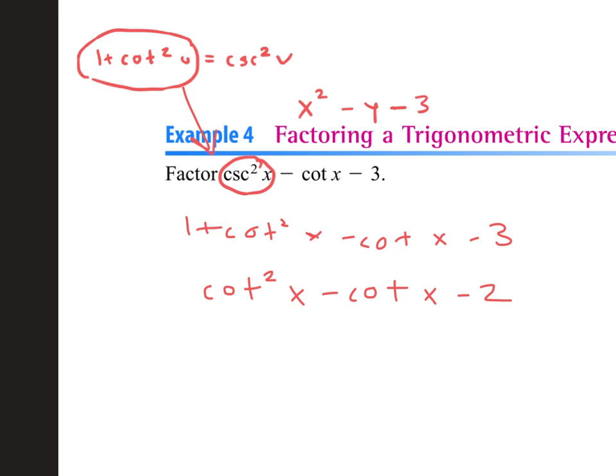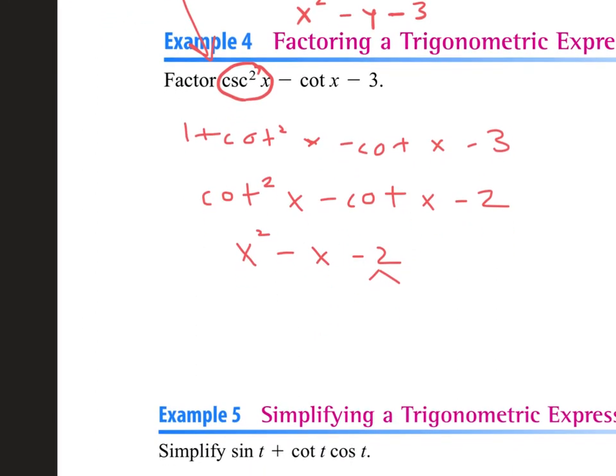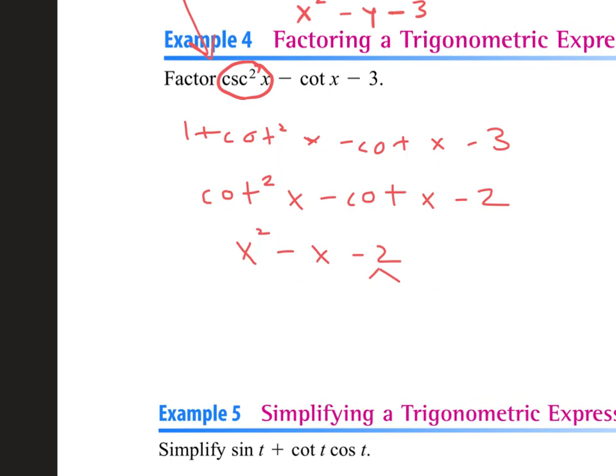We can say that cotangent is x, so we have x squared minus x minus 2. Do we have two factors of negative 2 that add to negative 1? What are they? 1 times negative 2. So this becomes x plus 1 and x minus 2.